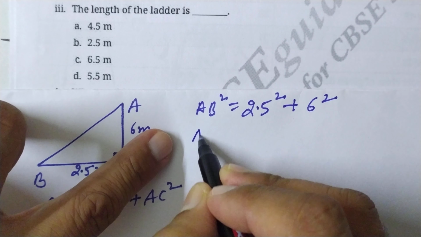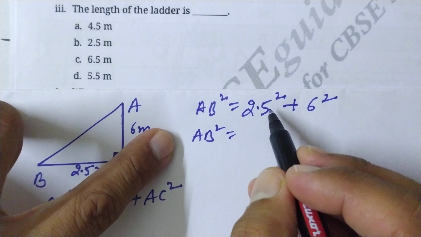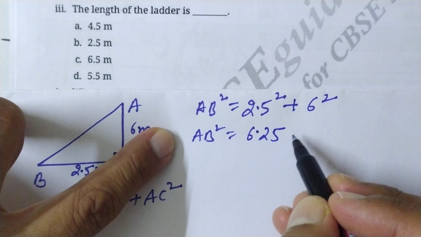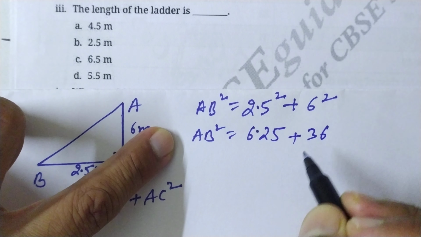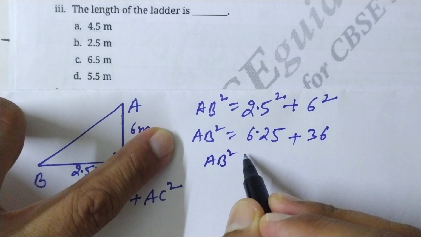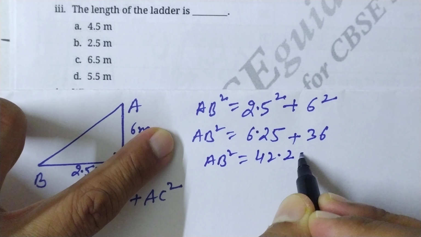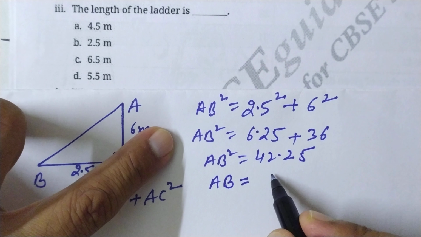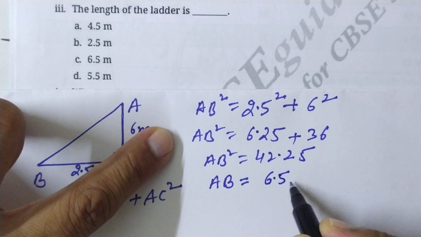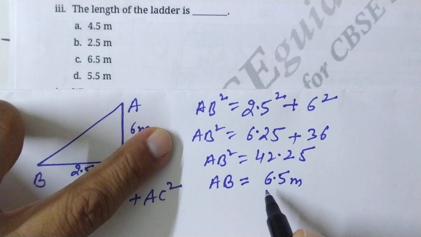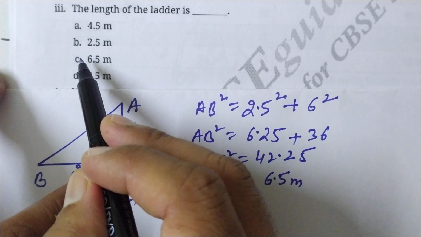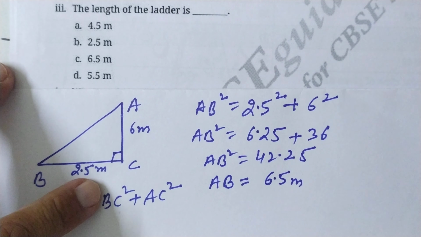So AB square, 2.5 square is 6.25, plus 36, 6 square. So AB square is 42.25. If you find the square root of 42.25, it is 6.5. So AB is 6.5 meter. So we have here C option is correct here.